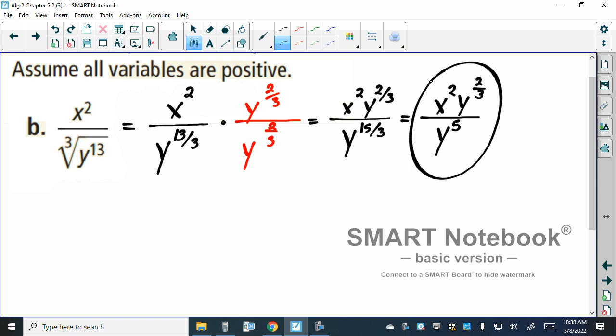Because realistically, when we do this multiplication here, the exponent shouldn't be greater than 1. Because if it is greater than 1, we're really adding a whole extra y in. We're trying to just get it to the next one that works, which should be less than 1. Any questions on this one here?